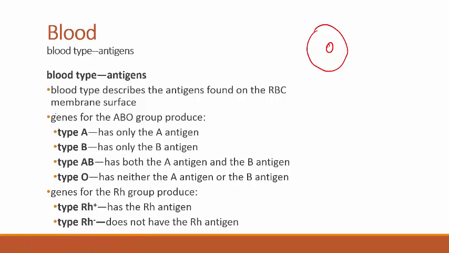For type A, if you think about the gene sequences for the ABO blood grouping, if a person has a particular set of sequences in the DNA, then they'll produce the A glycoprotein hanging off the surface of the red blood cells. So we refer to these as surface antigens. They're antigens because the immune system recognizes them and uses them to discriminate between self cells and non-self cells.